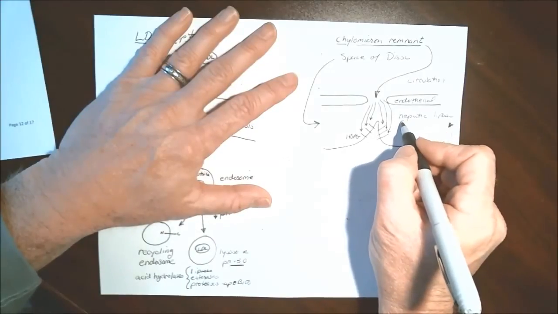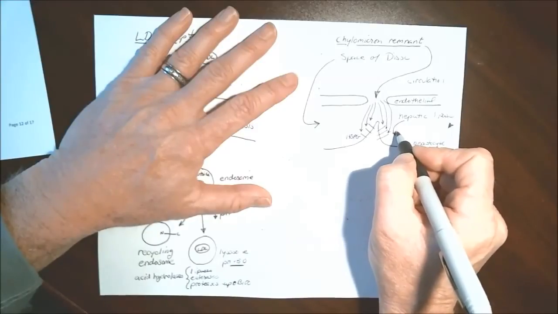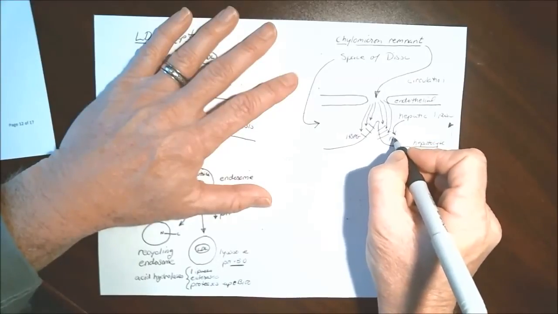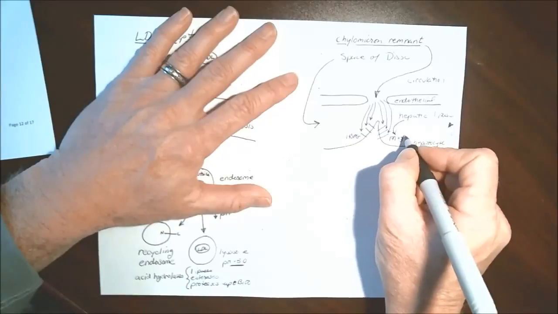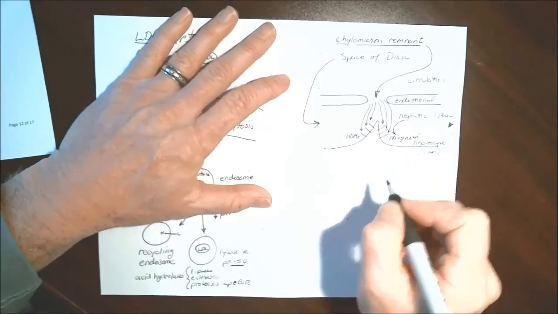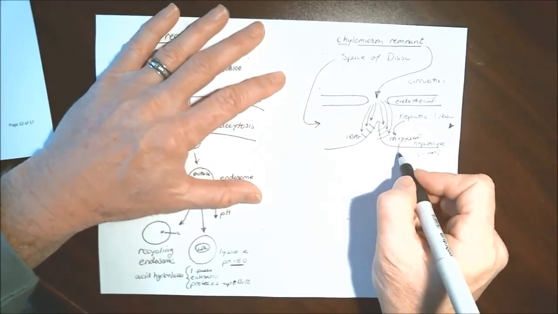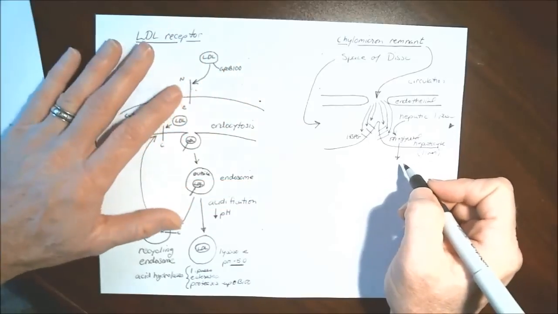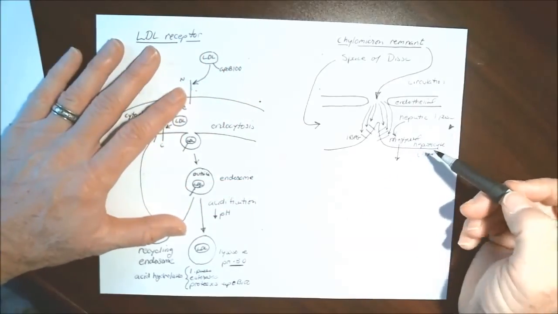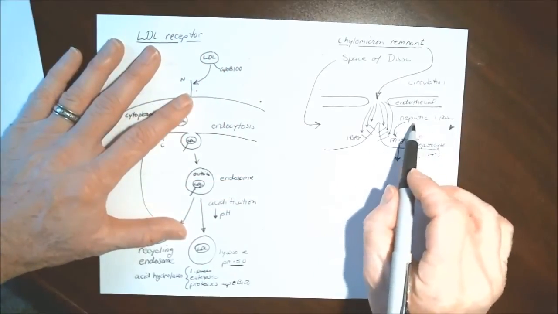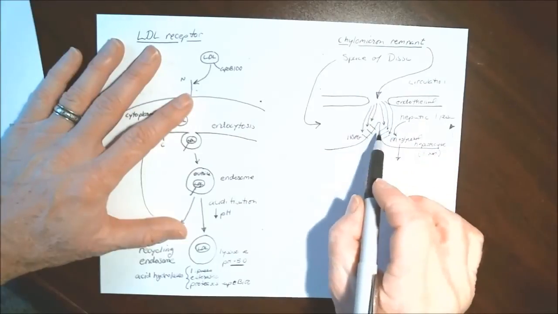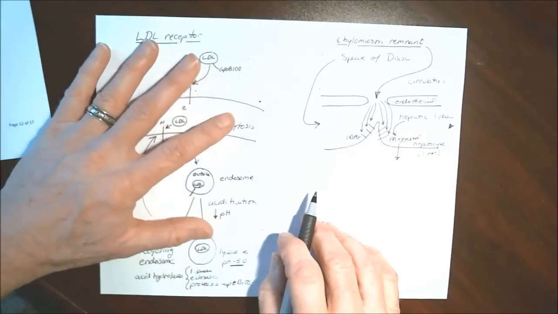And this lipase will perform a hydrolytic reaction to release fatty acids plus glycerol, which will then be taken up into the liver cell. So that's the first function of this binding of the remnant to this HSPG.